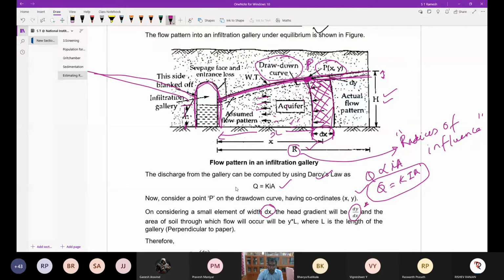Please remember these small fundamental concepts. So this could be dx and this could be your dy. I'm considering a small element of width dx, and if this one is dx, then obviously this length may be dy.